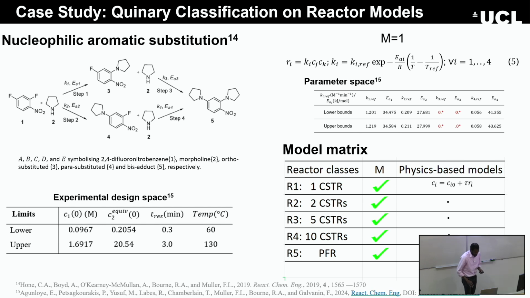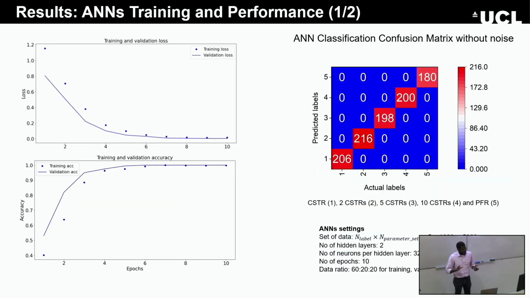So without adding any noise to the system, like I said, the ANN is a universal approximator, so we were able to get perfect classification among the 10 classes. We have shown here that this required only 10 epochs, 10 iterations.